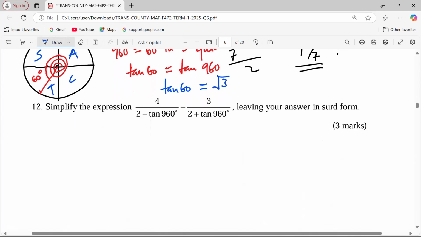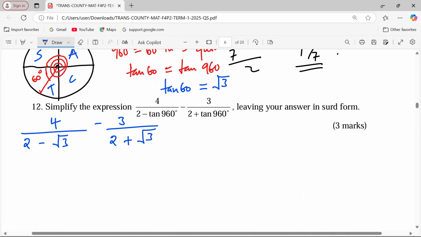Therefore, this expression is 4 over 2 minus root 3, minus 3 over 2 plus the root of 3.